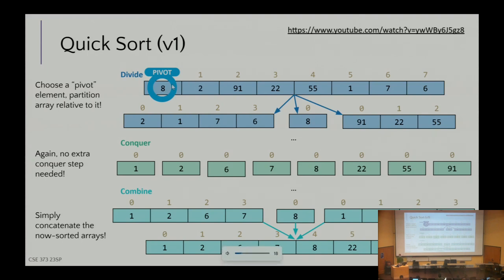So here we picked the pivot, just whatever is at index 0, which is 8, and then we split into everything that comes before that value, so 2, 1, 7, 6, and then everything that comes after it, 91, 22, 55. But notice we haven't sorted those items. We've just split them, and then we know the pivot goes in between those two things. We will continue to pick pivots and split until we eventually get down to lists of size 1.